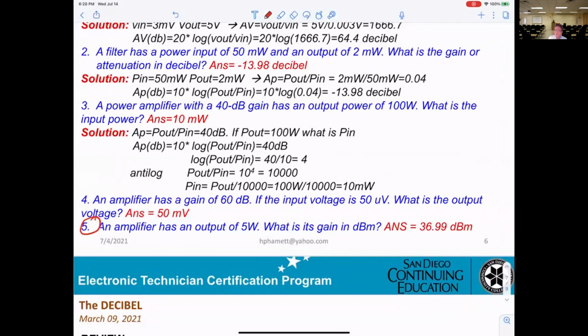Okay, try number 5. Can you get the answer? It will be 36.99 dBm. The next quiz will concentrate on dBm. Make sure you understand whatever we go through today for you.